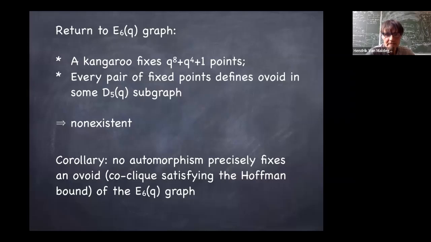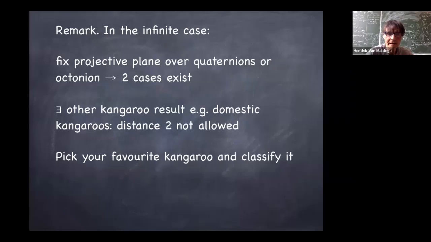And this is a reason, I think, why it will be extremely hard to find such an ovoid in the E6Q graph, if it exists at all. Another reason is that in the infinite case, you really fix the projective plane over quaternions or octonions.